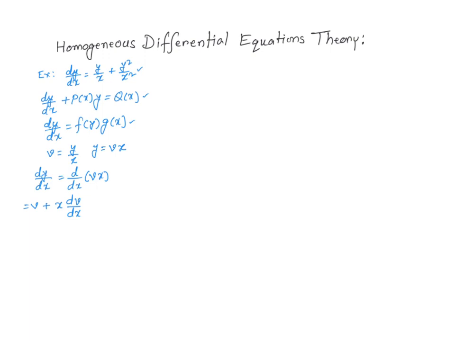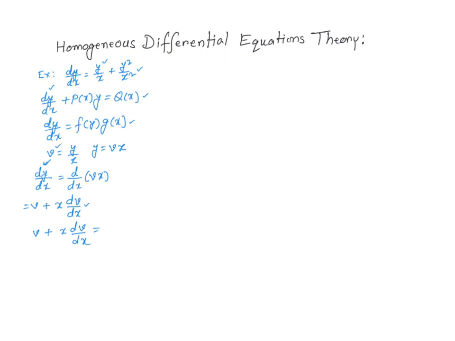Now this is actually my dy over dx. So now I'm going to do some substitutions. I'm going to replace this dy over dx by v plus x times dv over dx. So please note, dy over dx is equal to this. Now on the right hand side, I made the assumption that v is y over x.